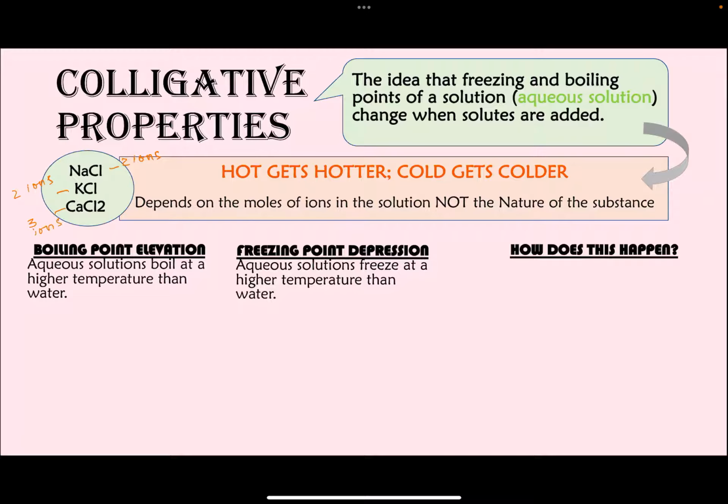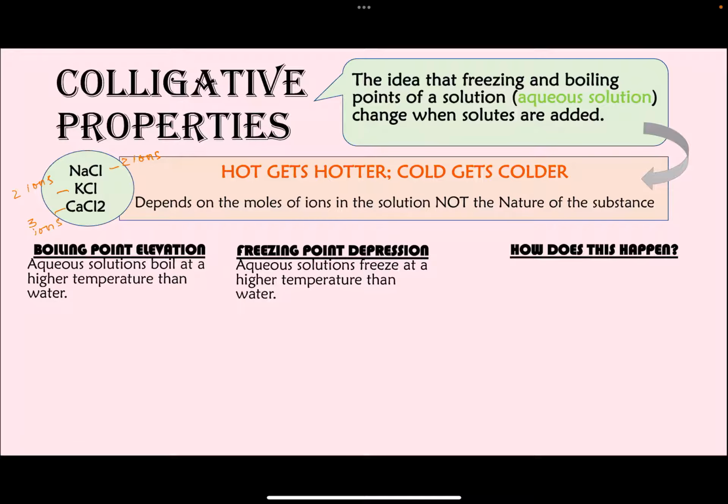So out of these three, calcium chloride is going to cause the biggest change in the boiling and freezing points. And besides just the number of ions, if we change the concentration, for example, if I put 0.5 moles of sodium chloride, but only 0.1 moles of KCl and CaCl2, then the 0.5 moles is going to have a much greater impact compared to the 0.1 moles.